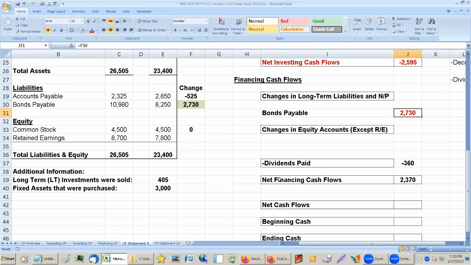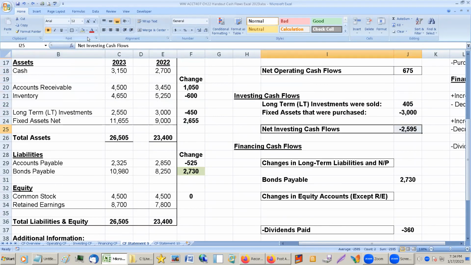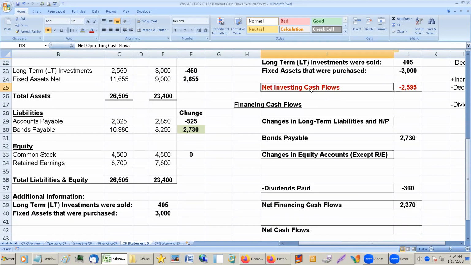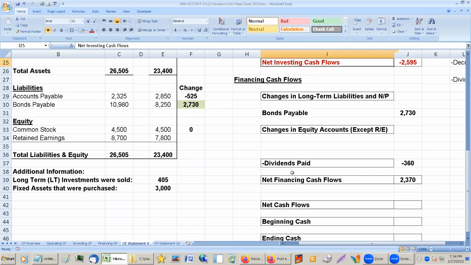We are going to add up the operating cash flows, the investing cash flows, and the financing cash flows. We're going to add all those together.